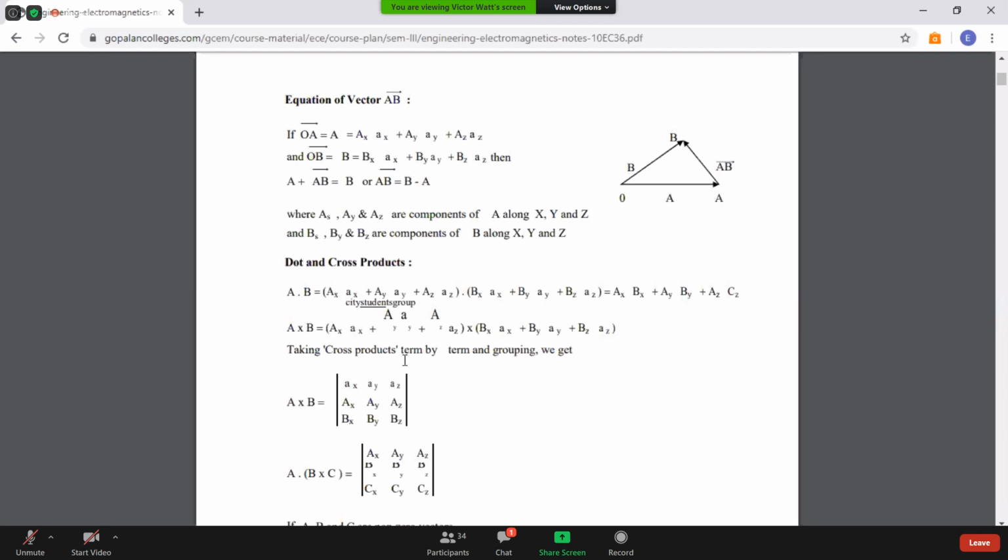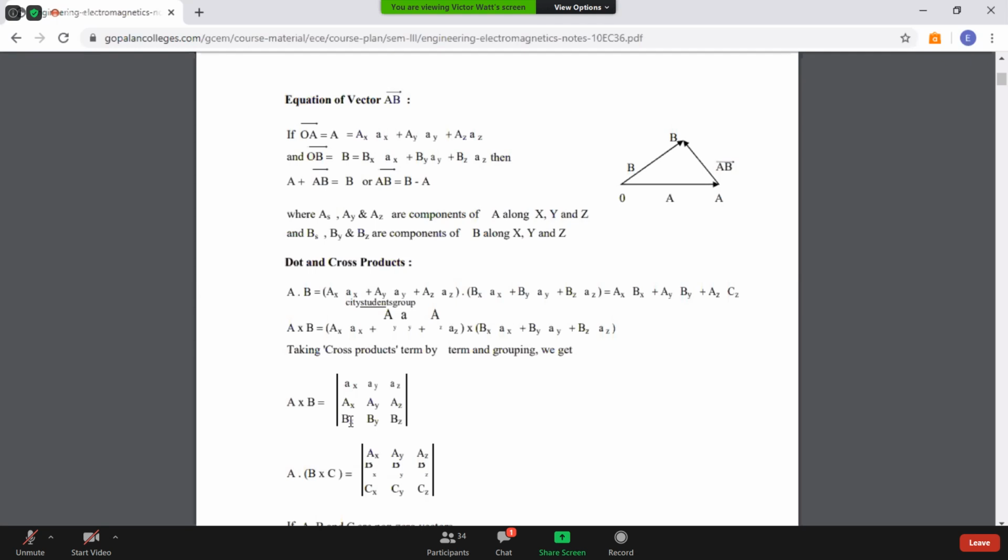If we group them, we can put it in the form of a matrix, looking like this, right? So these are the unit vectors AX, AY, AZ, and this is AX, BX.